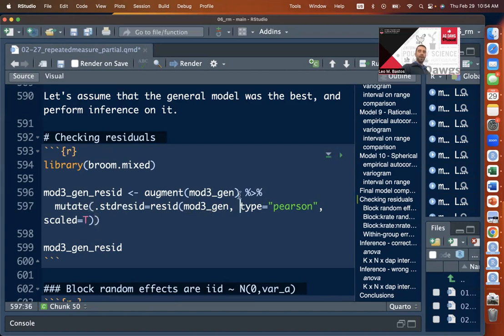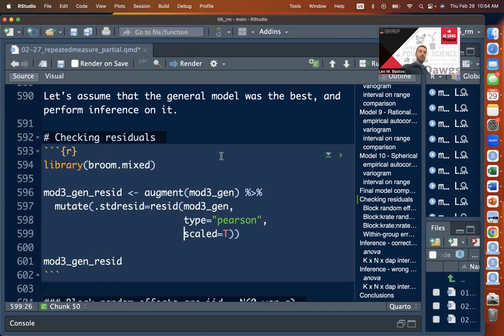One very quick difference you're going to see in this code. I'm using the augment function to get the residuals of the model. Before, we were calculating the studentized residual, so the function here was rstud, I think. Maybe the arguments were a little bit different as well. I tried using that function here and it did not give us the residuals. It was not able to calculate.